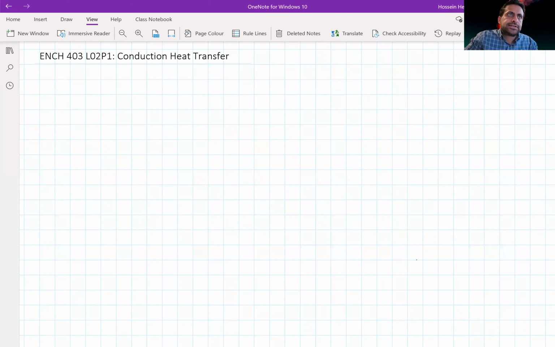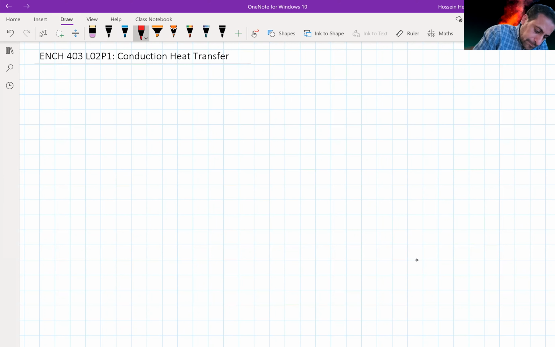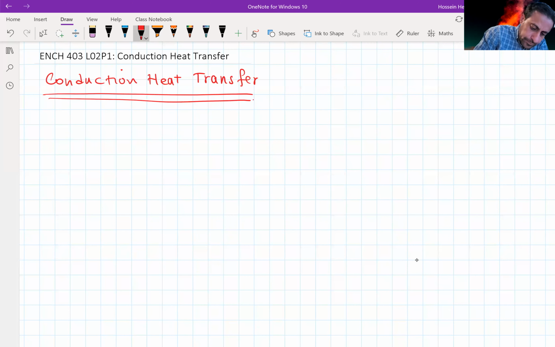Let's look at the details of conduction heat transfer. For this mode of heat transfer, we are primarily looking at solids.